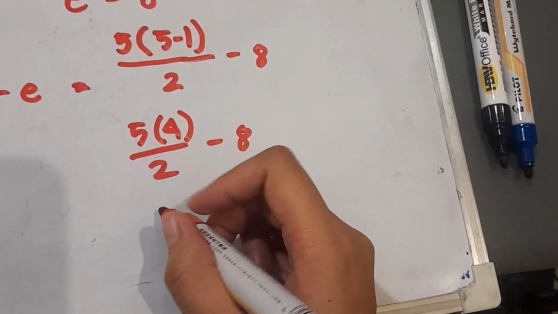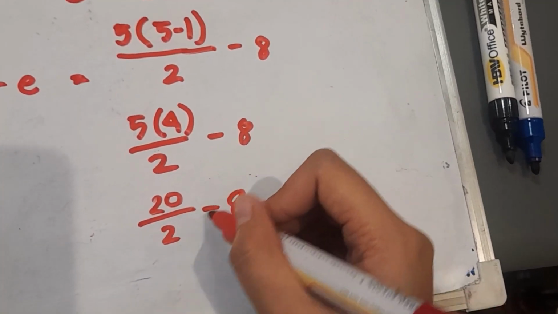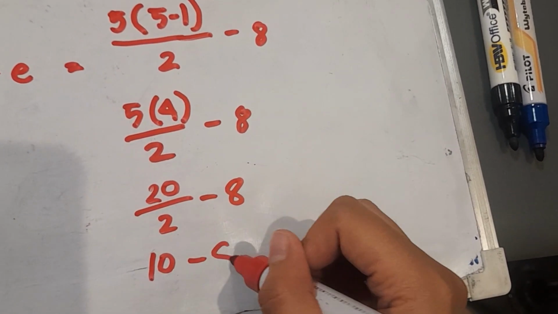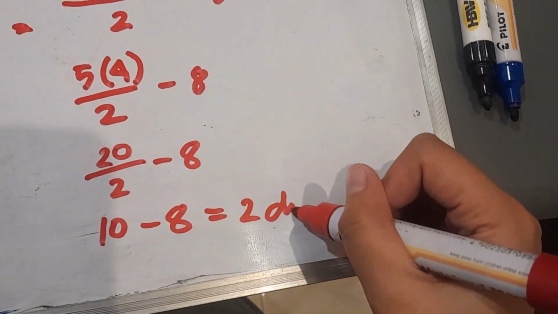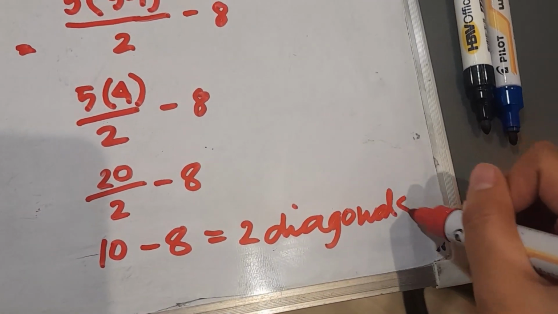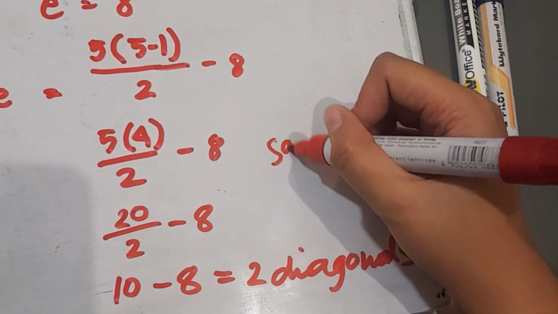When 5 times 4 is 20, divide 2 minus 8. And 20 divide 2 is 10 minus 8. So there is 2 diagonals in a square pyramid.